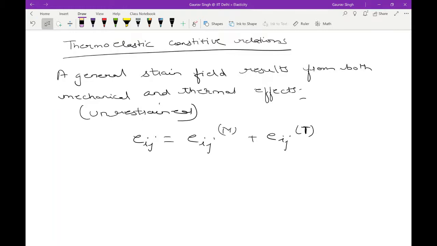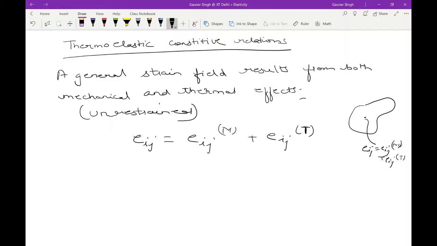The two strains at any point, again, all this is only valid at any given point. Okay, Eij is equal to Eij^m plus Eij^t. So at any given point on this elastic solid, under a so-called thermomechanical condition, the strain can be added because it's a small deformation theory. So both the components are small and hence it can be added.